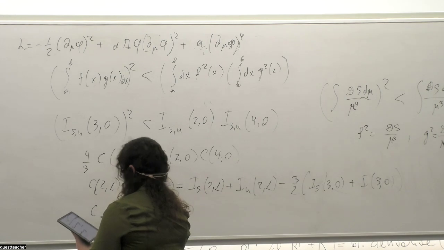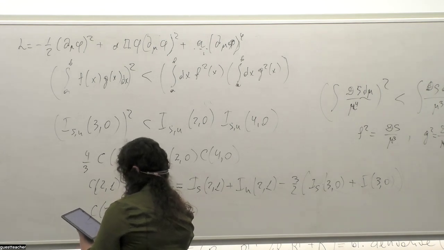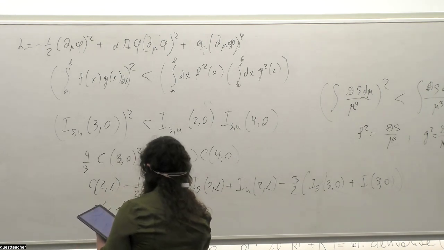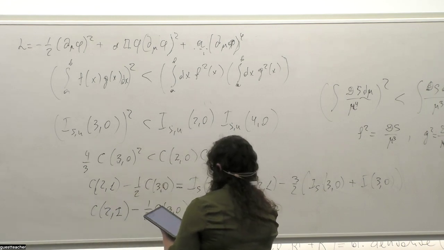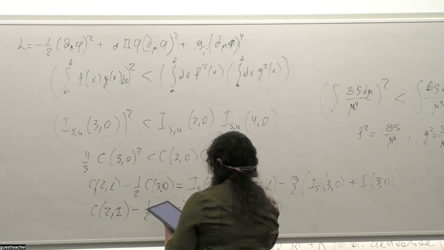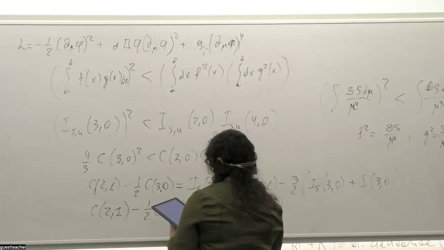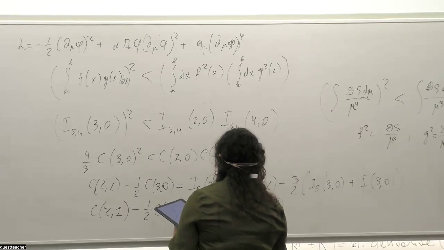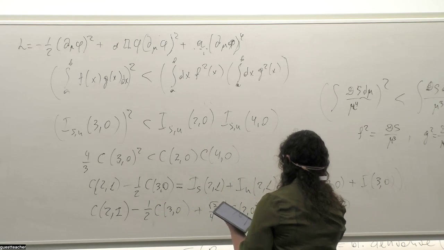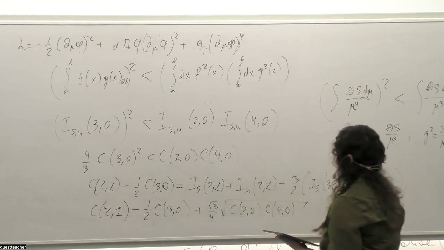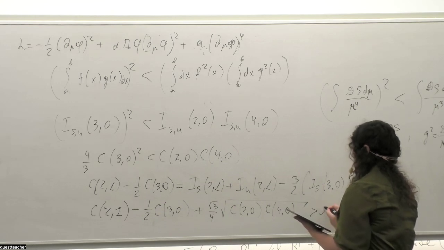Collecting all numbers, we get S21 minus 1/2 S30 plus root 3 over 4 root C20 C40 should be larger than 0.